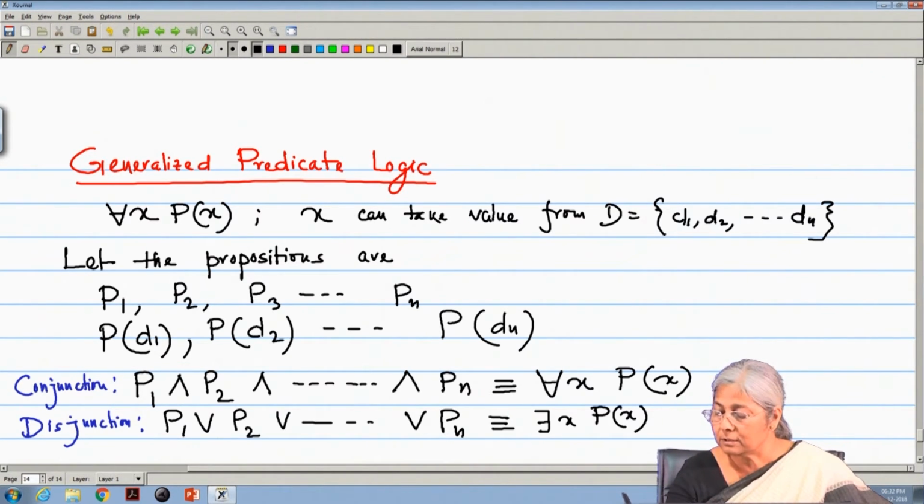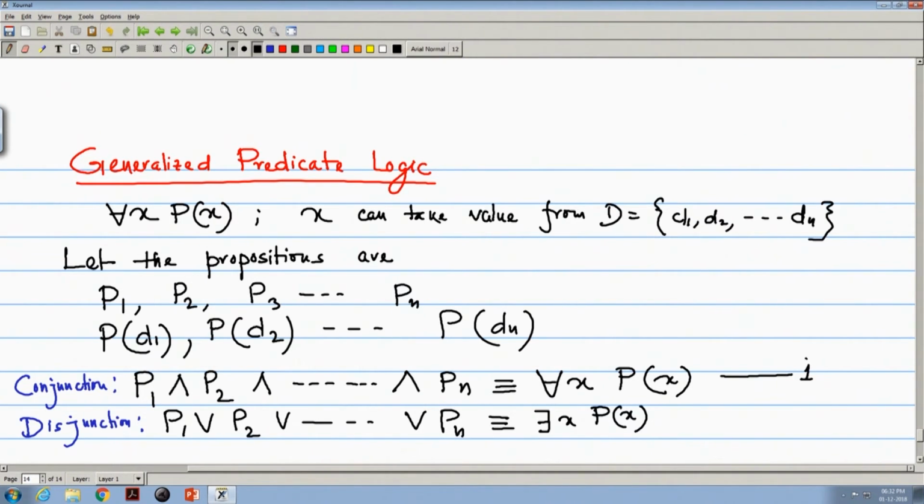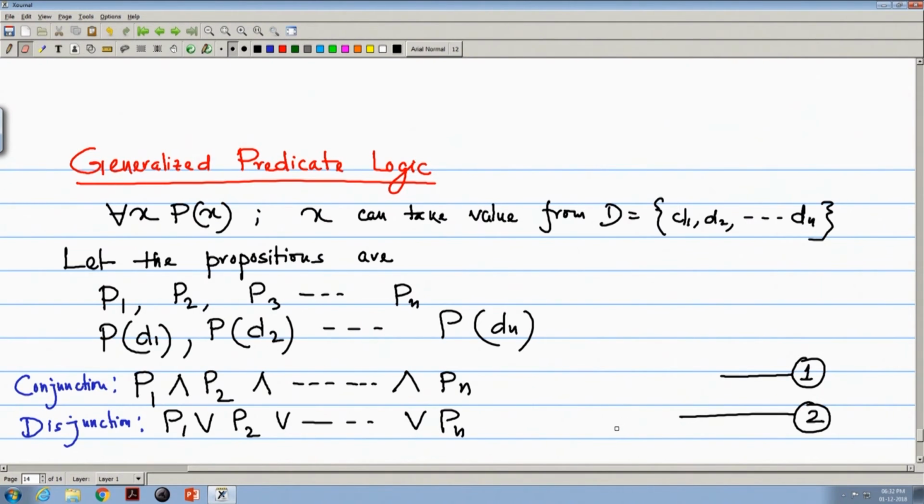Now we see what we can tell from here. First we see whether the conjunction of all the propositions or the disjunction of all the propositions is true or false, without immediately writing the universal or existential statements.